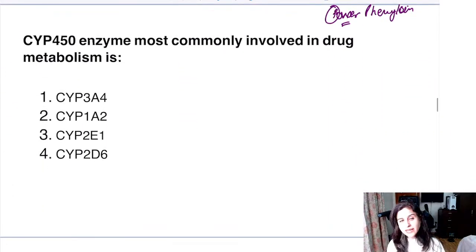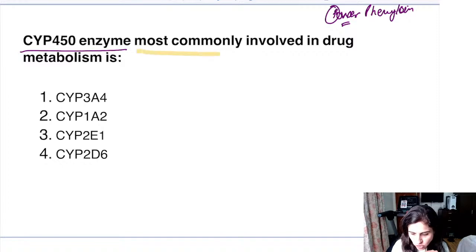Now let's come to the next topic, which is the CYP450. Now, CYP450 enzymes most commonly involved in the metabolism of drugs is. Which of the CYP enzymes is most commonly involved in the metabolism of drugs? Out of these: 3A4, 1A2, 2E1 and 2D6.